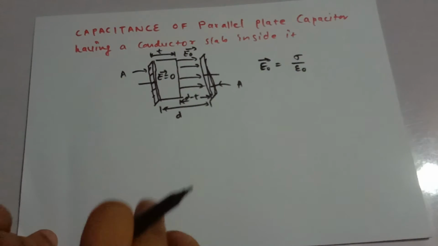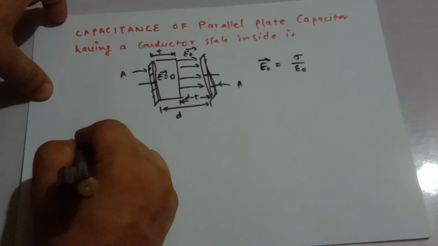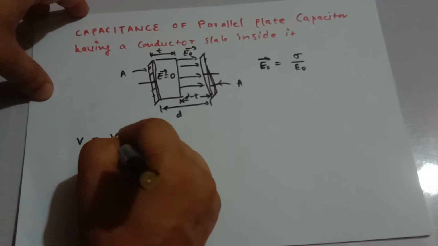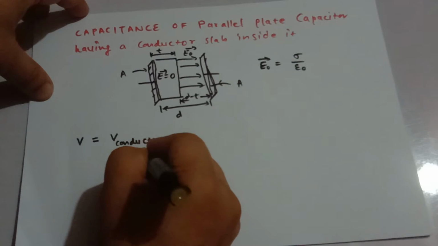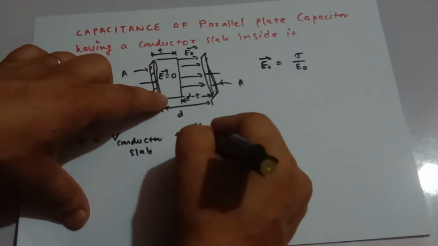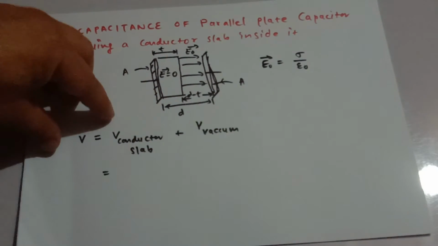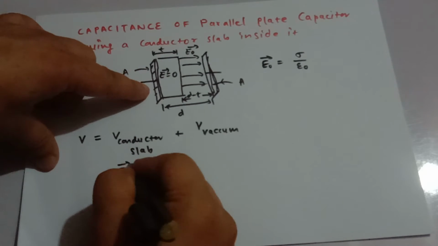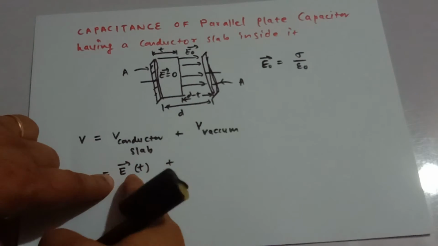So now our task is to find the capacitance of this particular capacitor. First of all we calculate the potential, the potential due to the conductor slab plus the potential due to vacuum. We know that potential is electric field into distance, and the electric field of this slab is suppose E, and the thickness is t, which is the distance.